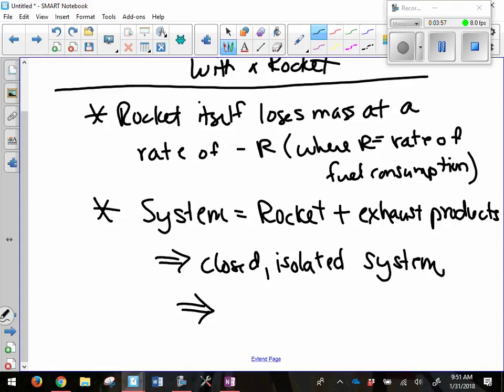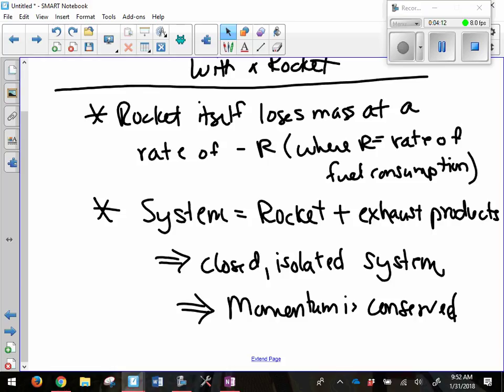And if I have a closed, isolated system, what can I say about it? Momentum is going to be conserved. Okay, so you have to keep those things in mind, because things are going to get a little funky.